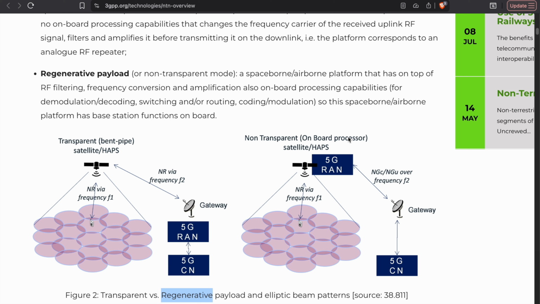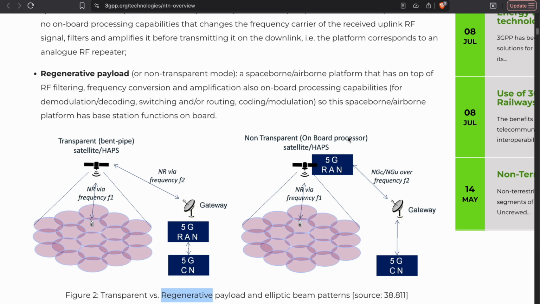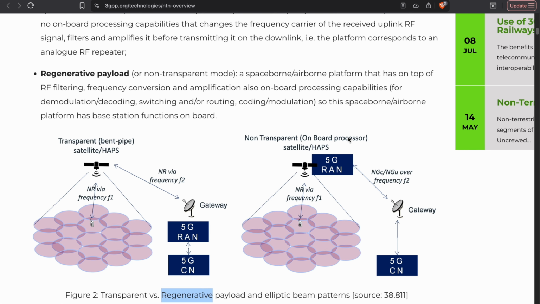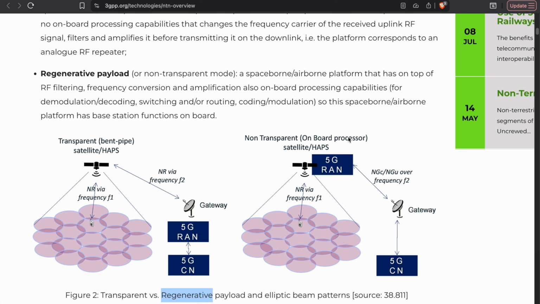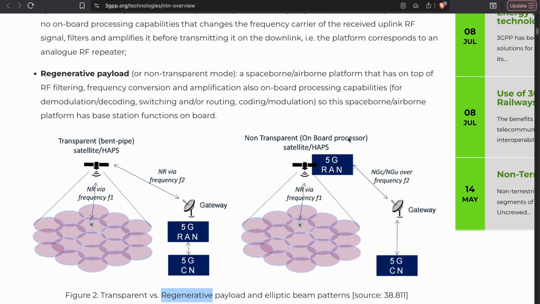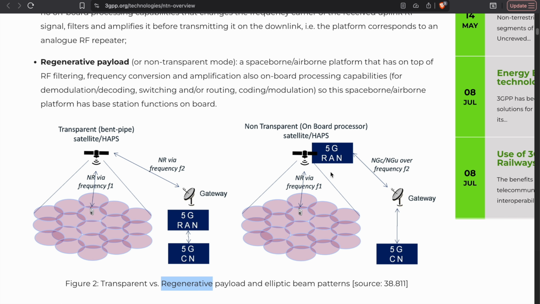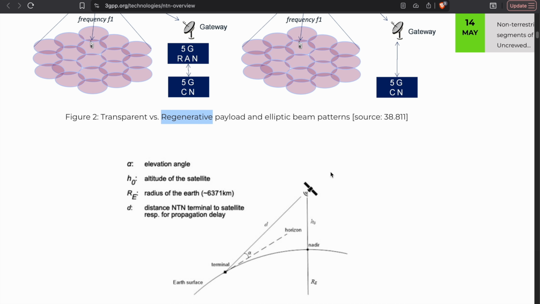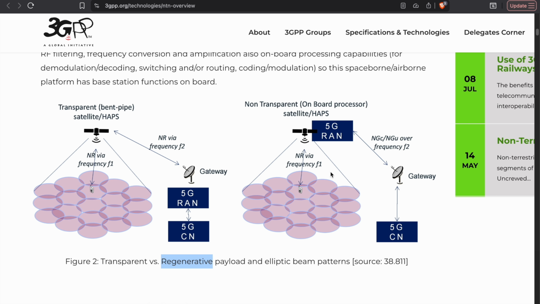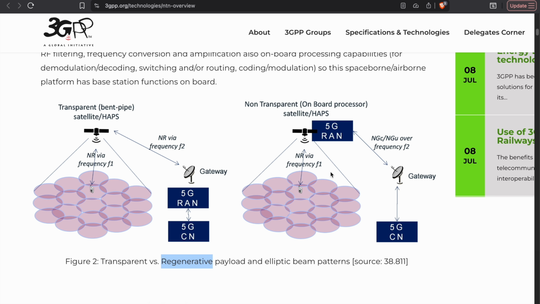Now your satellite can perform all the RAN operations, like MAC, RLC, PDCP, all those layers can be handled by the satellite itself. So the RAN is integrated on board with the satellite here. And it's not like the whole RAN needs to be a part of it. There are a lot of different types where you can disaggregate the RAN as well, where only your RU is present on the satellite and your CU and DU are on the ground itself.